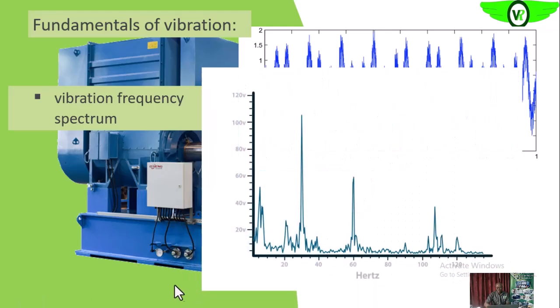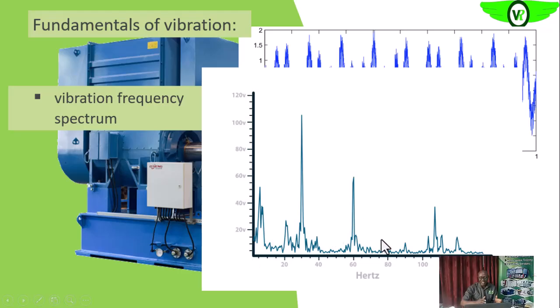So this is what you get at the end of the day after carrying out fast Fourier transformation on the vibration waveform. You see that all of these peaks are happening at different frequencies. Later, we will also see that different fault conditions on rotating equipment occur at different frequencies.